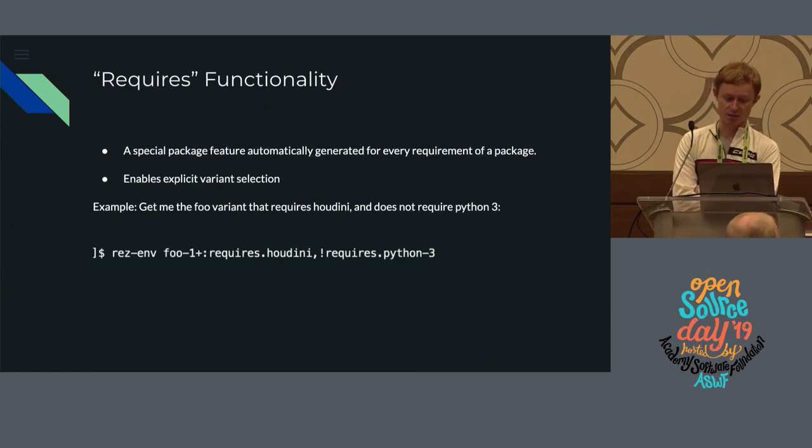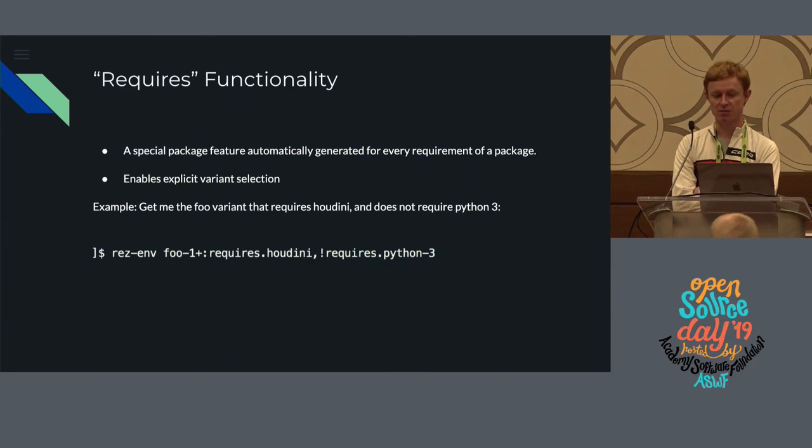This one's really interesting. So Stephen mentioned already that we have issues where there are cases where we can't reliably guarantee that a particular variant of a package will be chosen. Even though the rules that do choose a variant are completely deterministic, it can be very hard to tell why your Maya variant wasn't chosen and instead your Houdini one was, or your variant that actually doesn't have a DCC was chosen.